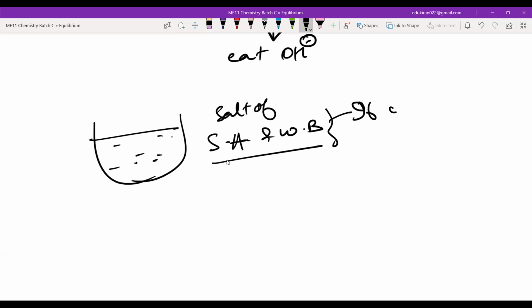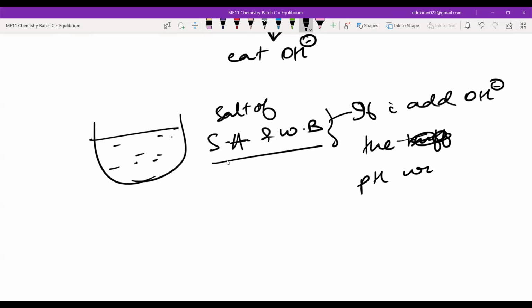If I add OH negative, that means a base, then the pH will be maintained and will not change. Yes or no? Tell me.